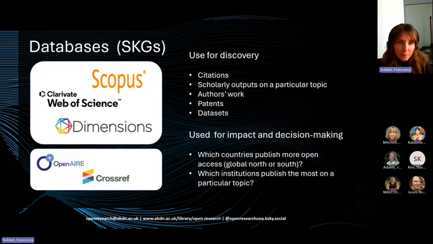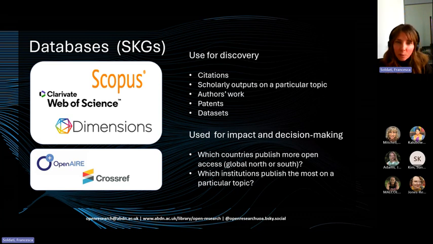For example, the subscription databases, Scopus, Web of Science, and Dimensions, want to index research at a world level. So they want to be very comprehensive. While OpenAlex is also a citation database, it focuses mostly on European research. And Crossref was born for a different reason.